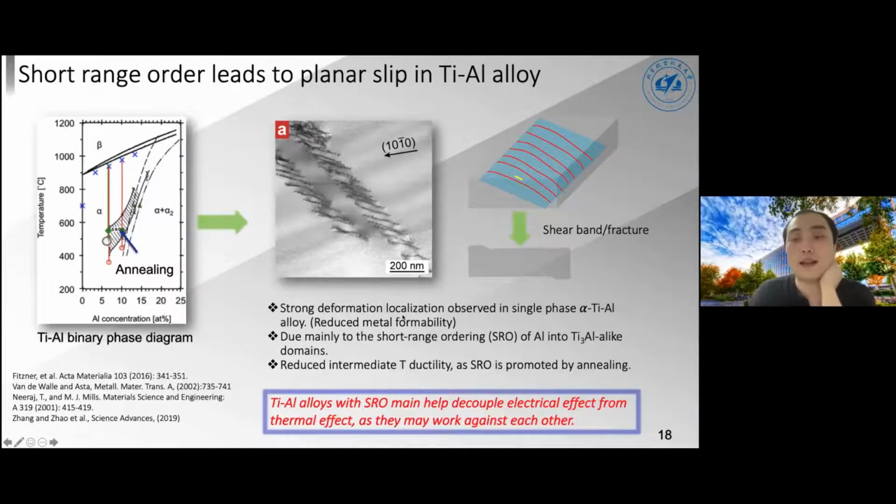Now the logic is, if you apply an electrical pulse and increase the tensile ductility, that at least tells us thermal softening is not the cause. There's something else going on.